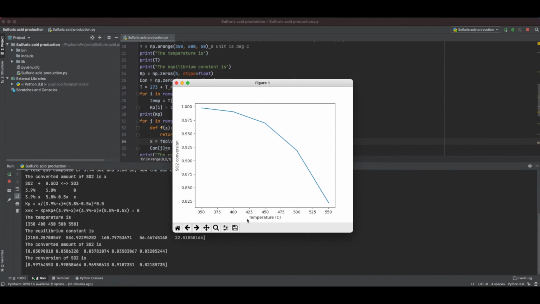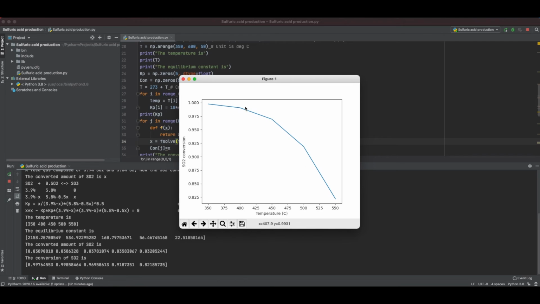As we can see here, at 350 degrees C, we have almost 100% conversion. At 400 degrees C, we have roughly 98% conversion. As the chemical reaction happens, the process gas temperature can be heated up.